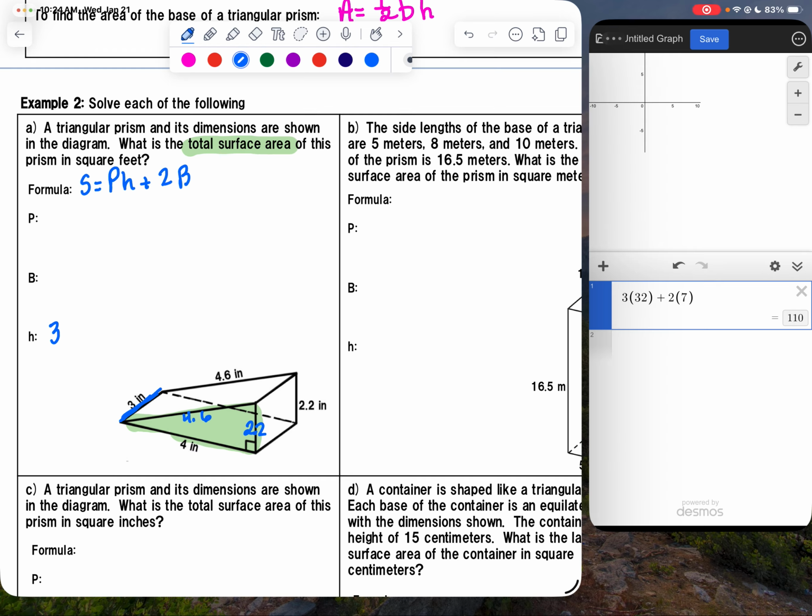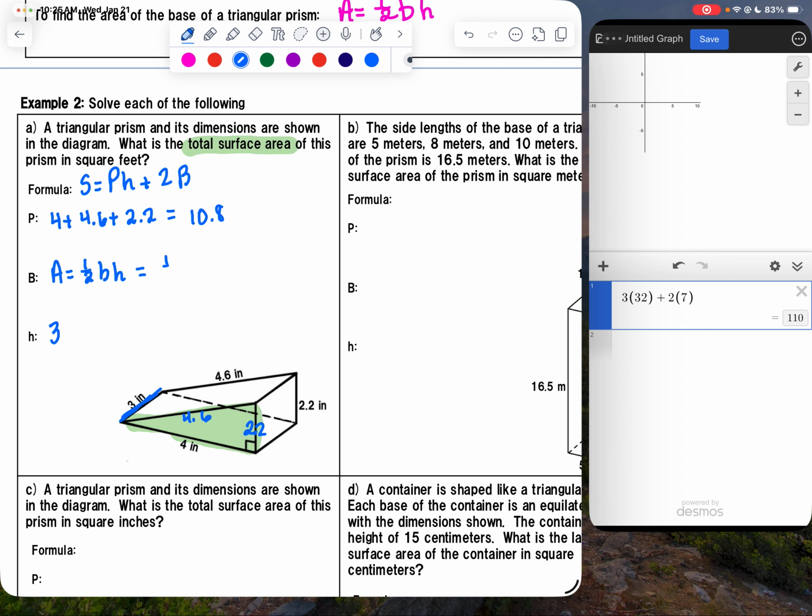So to get the perimeter of the base, I'll simply add 4 plus 4.6 plus 2.2. So that'd be 8, 9, 10, 10.8. So that's the perimeter of the base. The next thing we're going to get is the area of the base. So the area of the base is 1/2 times the base times the height.